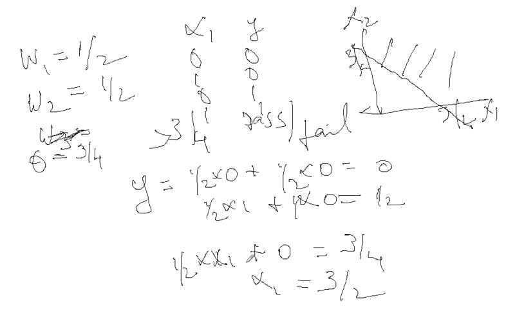If x2 is 0, x1 will be 3 by 2, and if x1 is 0, x2 again will become 3 by 2. So this is some sort of graph you will be getting if you try to plot it.